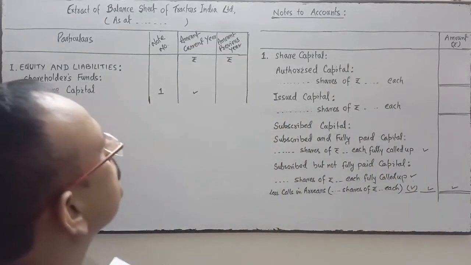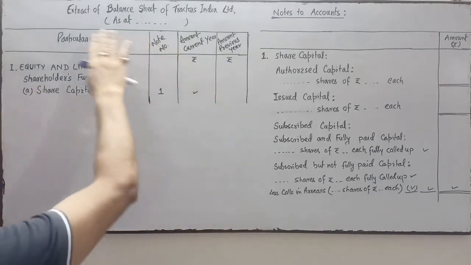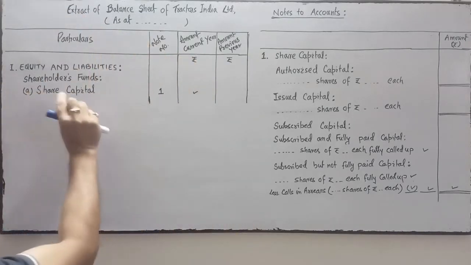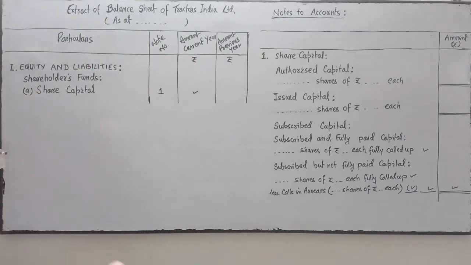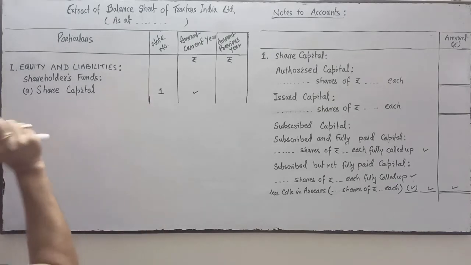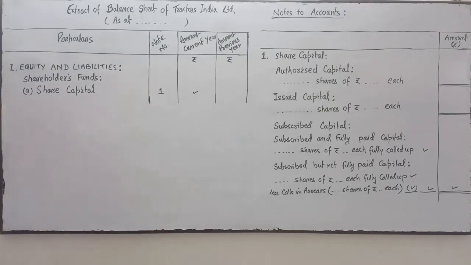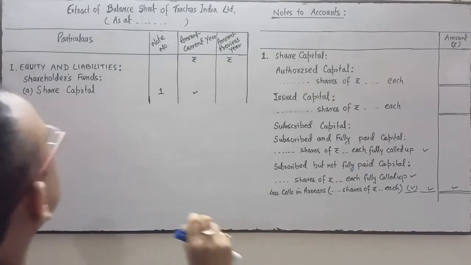Is it clear? So this is the company balance sheet. Just the focus is on share capital, not the entire balance sheet, because we are going to solve the problem related to share capital only.